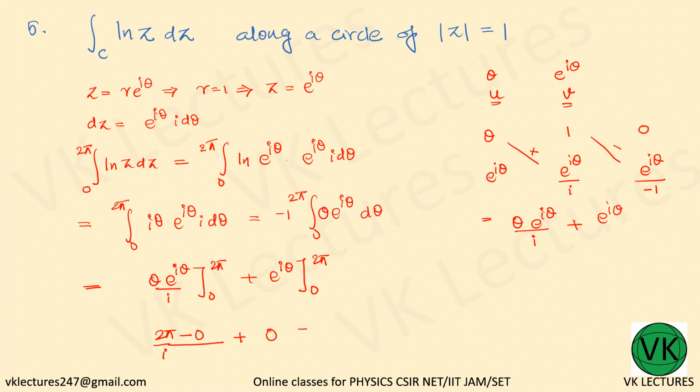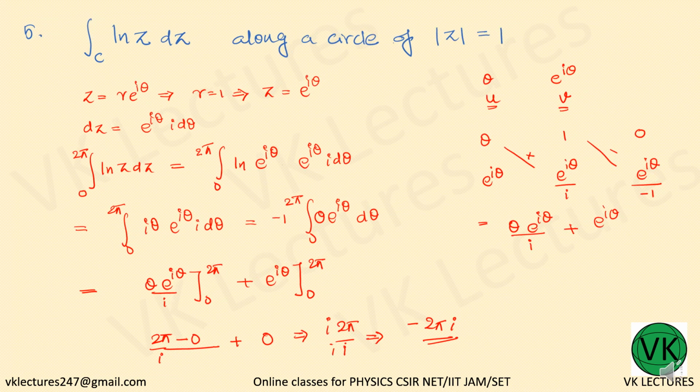This means 2 pi by i, dividing and multiplying by i, you get minus 2 pi i. Here is a term minus 1 which we have to multiply with this minus. So this is minus 2 pi i into minus 1, that's equal to 2 pi i.